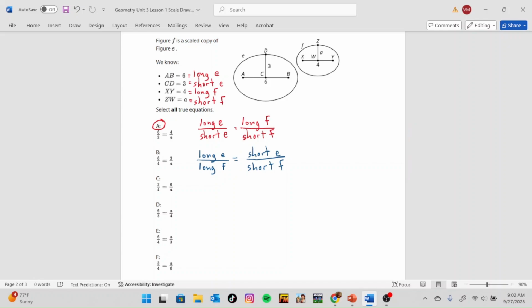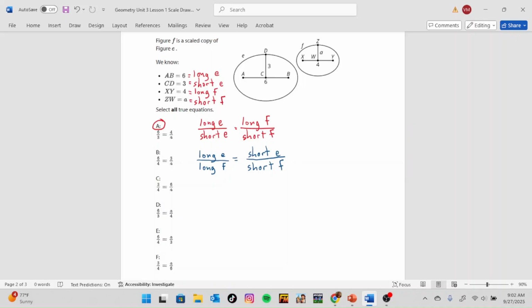And the key here: I either want to make sure that, like in A, I have my long parts both on top and my short parts both on the bottom.